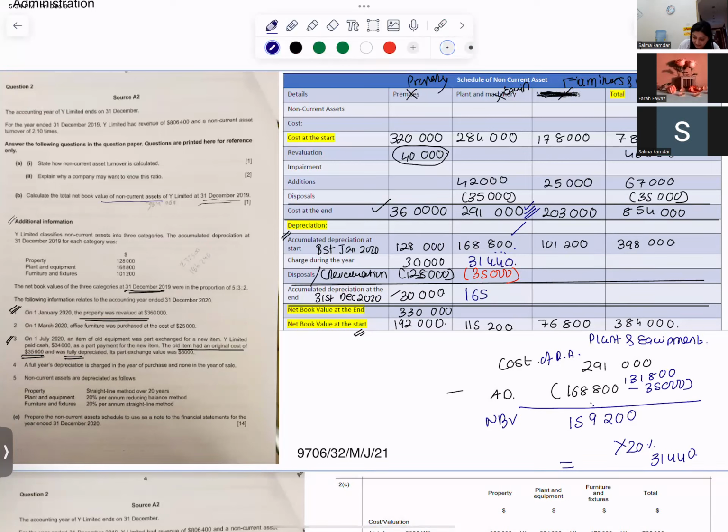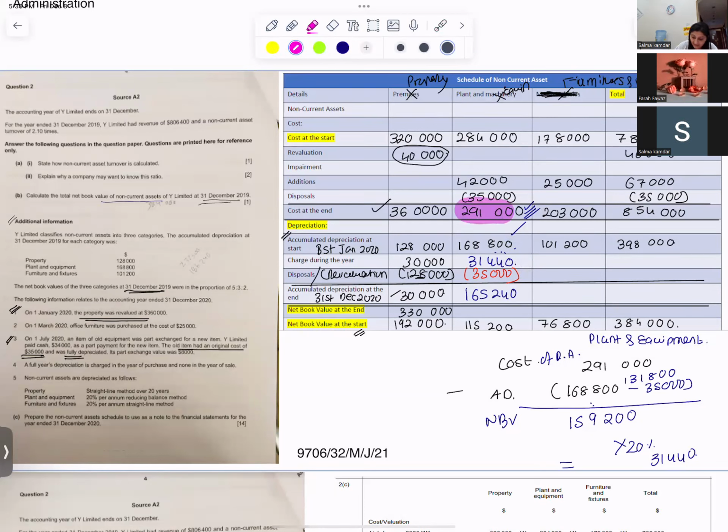So 168,800 minus 35,000 plus 31,440 is 165,240.